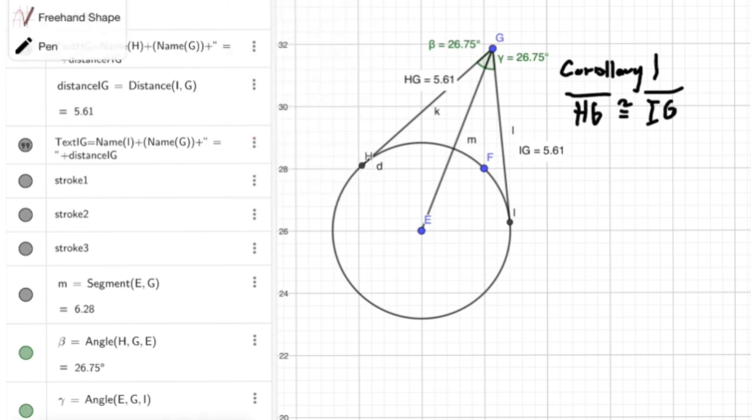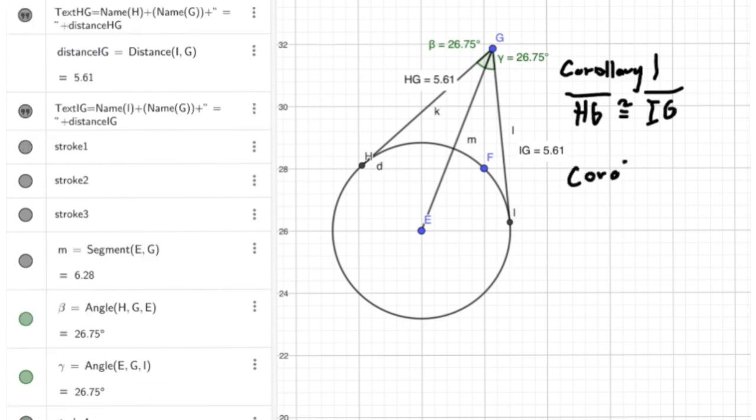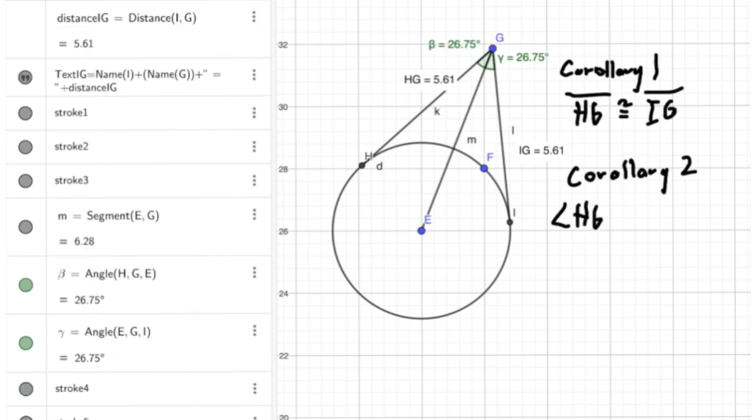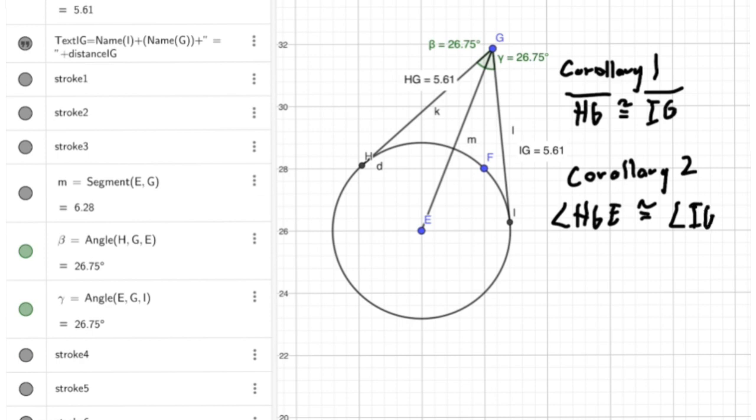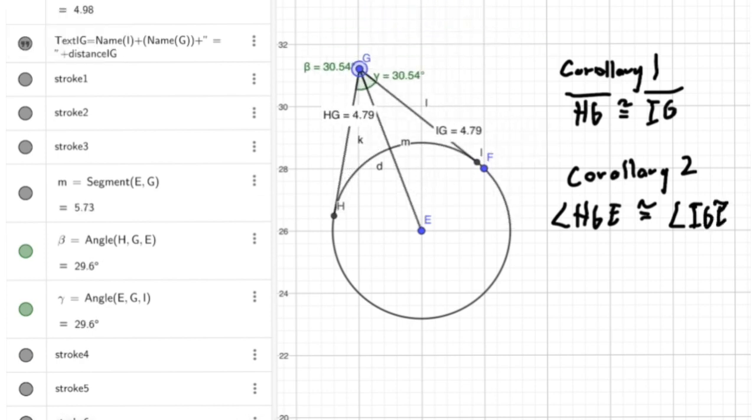Let me just write that down. For corollary number 2, we have angle HGE congruent to angle EGI.